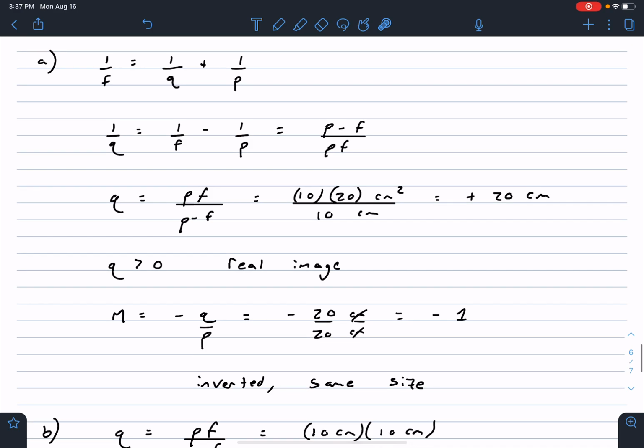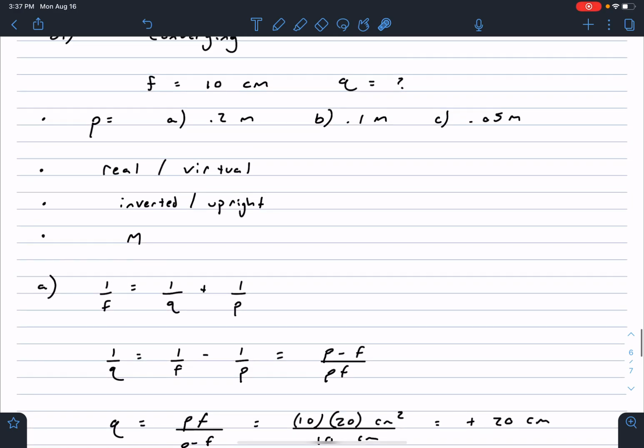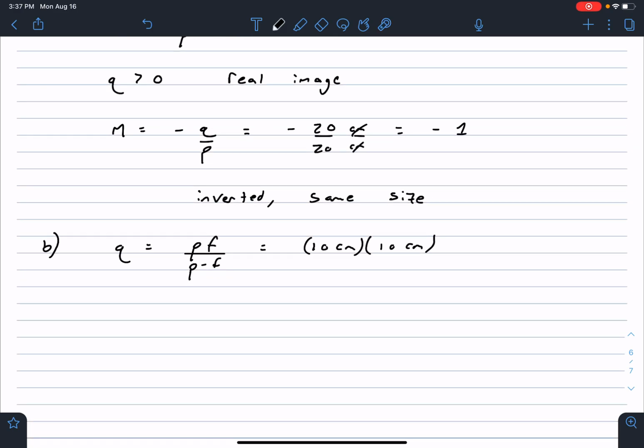P is 10 centimeters and F is 10 centimeters. P minus F is 0. Well, that would just blow up. So that means that no image exists. Or we could say it in a way, no image is formed.